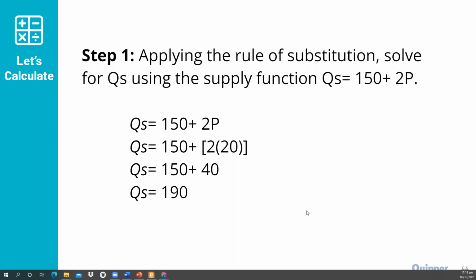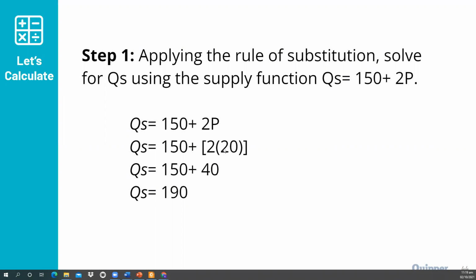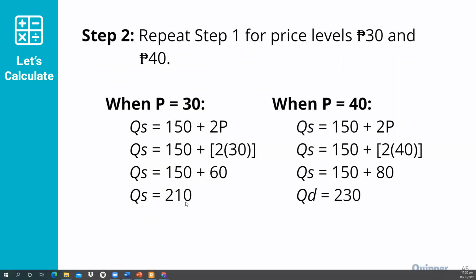Okay, so for the solution, applying the rule of substitution. So for QS, using the supply function. So we have here the following, 20, 30, and 40. So first, let's compute the 20. Okay, so 2 multiplied by 20, 40, plus 150, 190. Next one, yung 30 and 40 din naman. Okay?